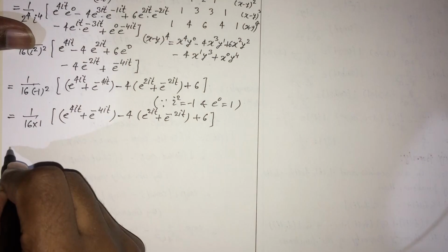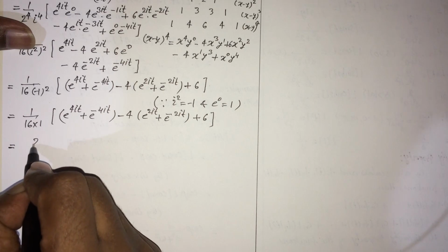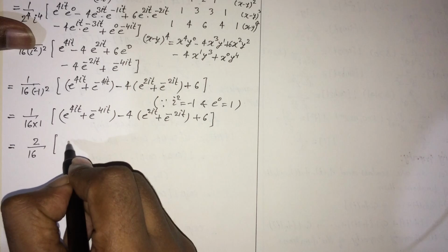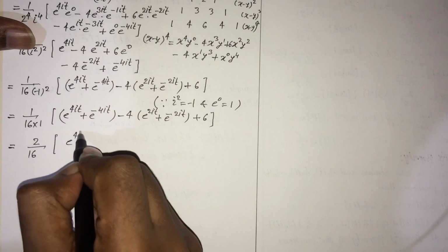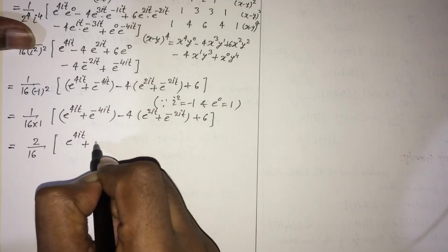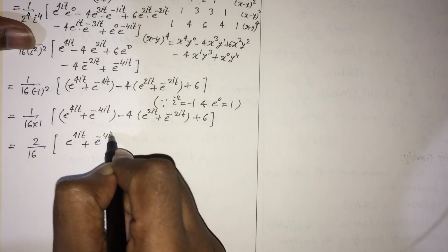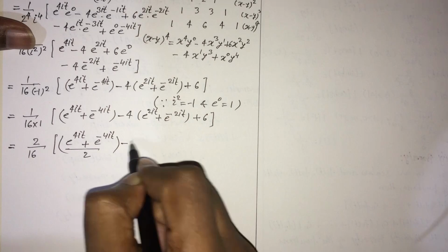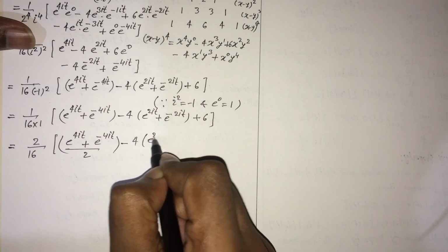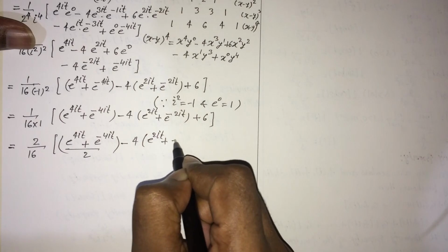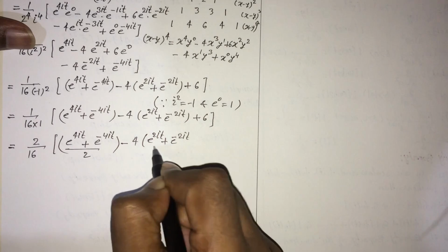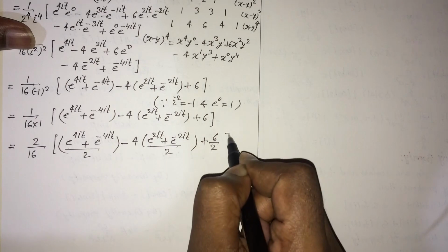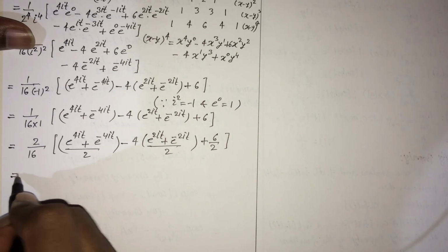So this is equal to 2 upon 16, and we multiply: (e^(4it) plus e^(−4it))/2 and minus 4 (e^(2it) plus e^(−2it))/2 and plus 6/2.